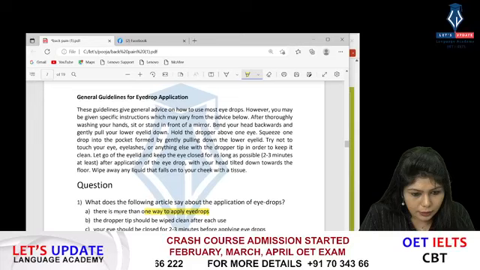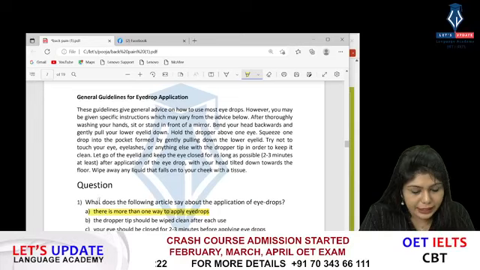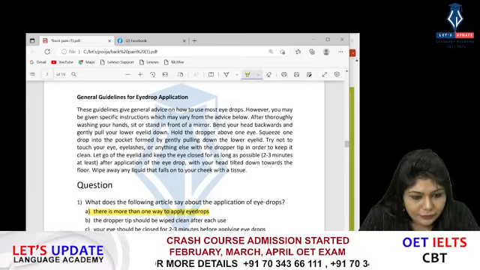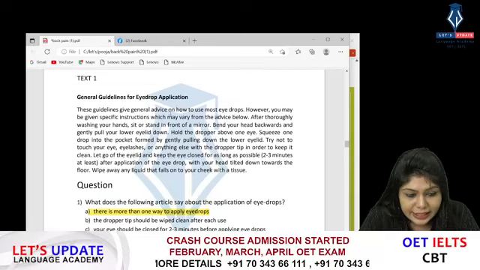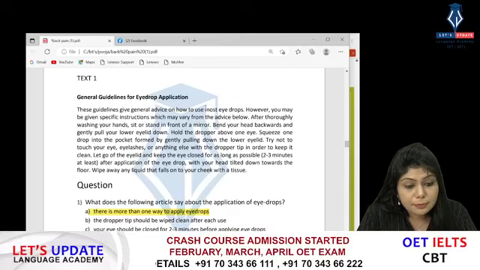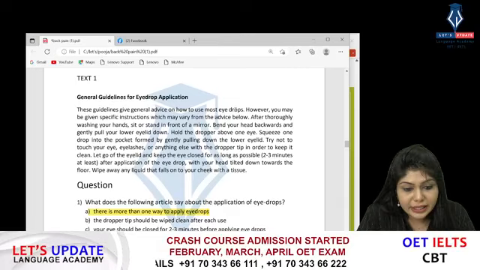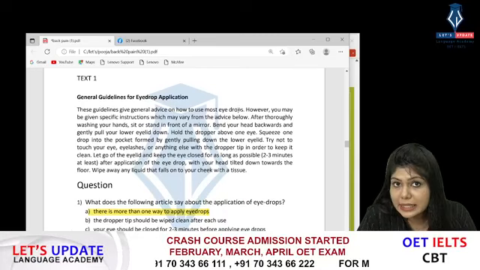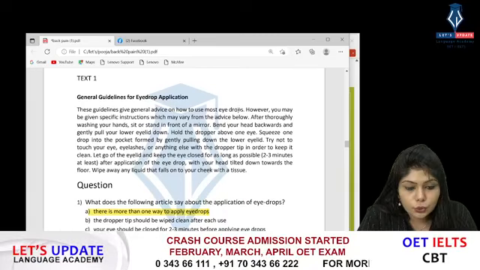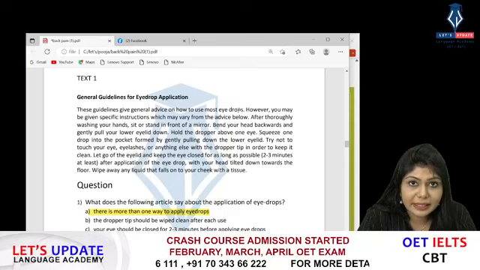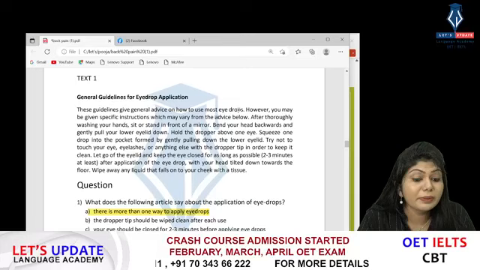So option A is the answer, and why do you think it is A? Because in the very first part of the paragraph, they have mentioned that, however, you may be given specific instructions which may vary from the advice below. So they have given a specific set of advice there, but they have mentioned that you may be given specific instructions which may vary from the advice below.